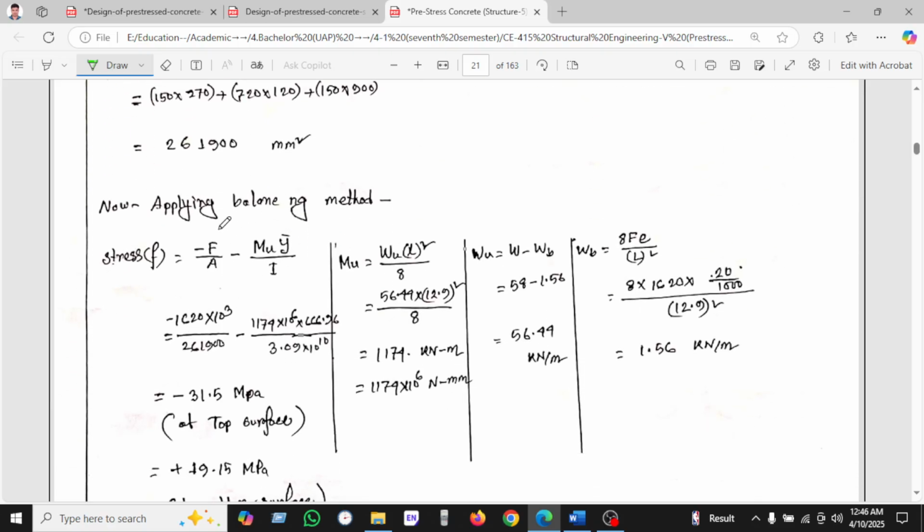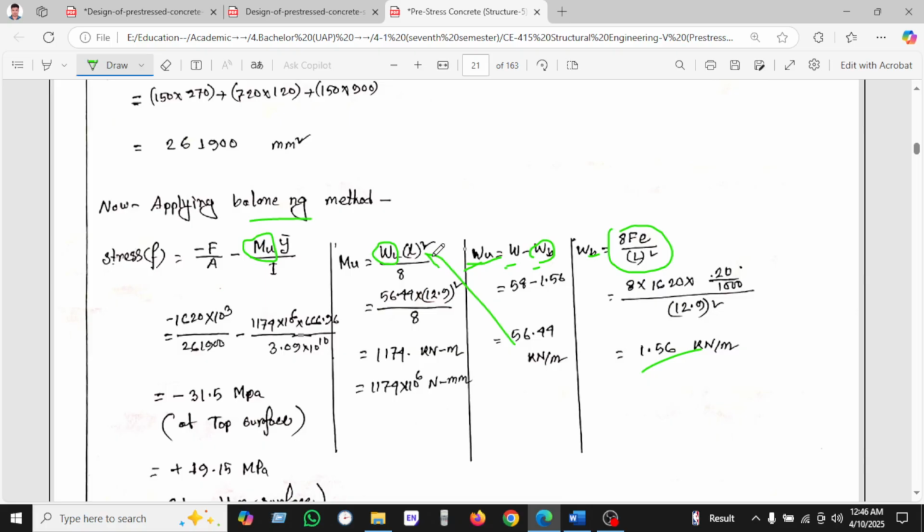Now we are doing the balancing method here. So the important thing is M. W ultimate, W balancing will be 8 F E divided by L squared, and we find it. If we deduct W balancing from the total UDL, we find W ultimate.